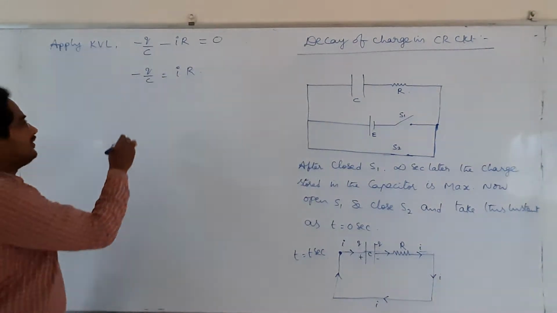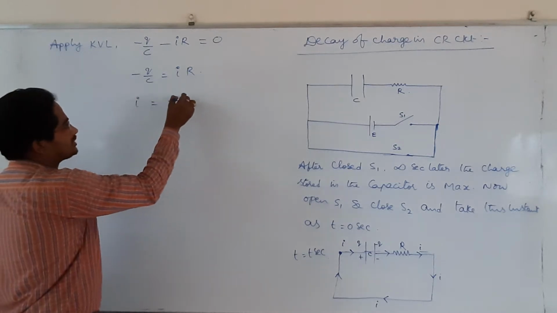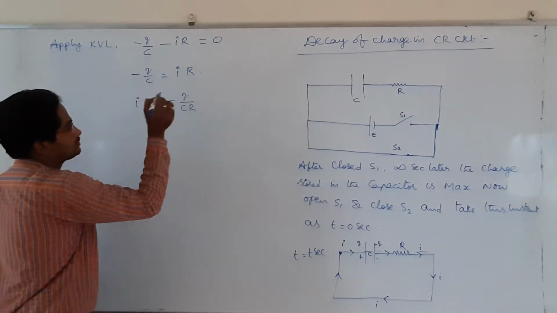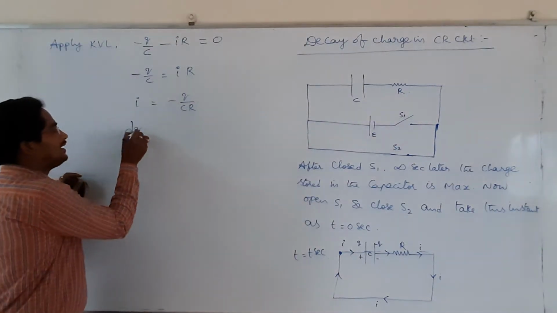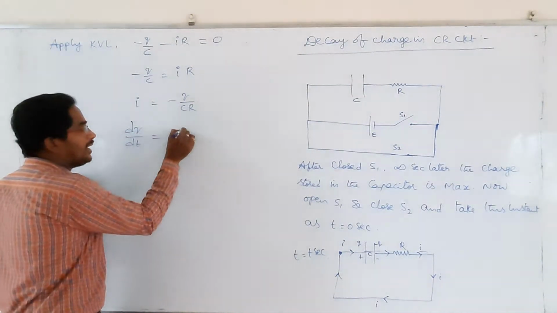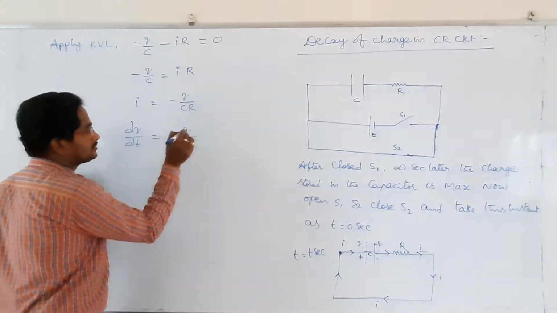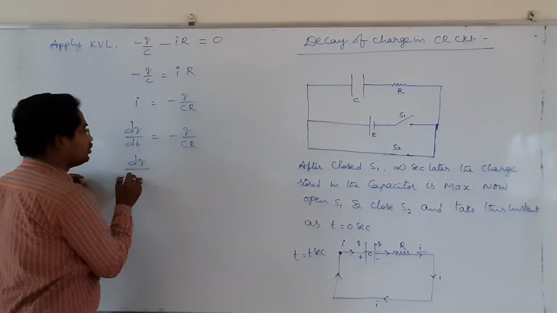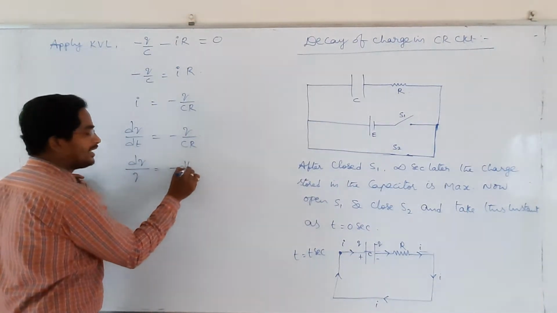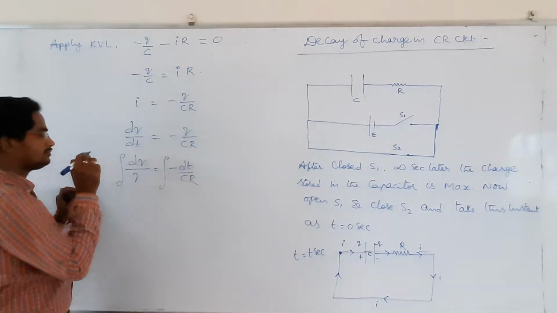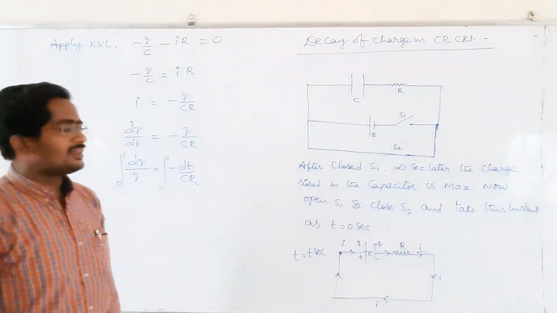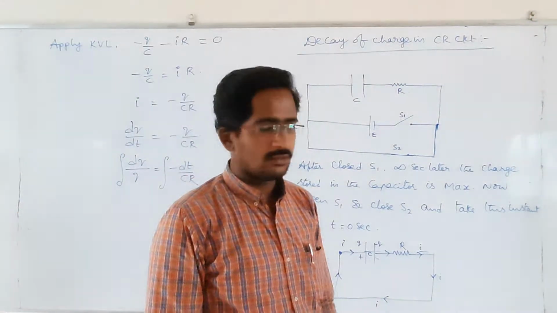What about the I value? I equal to minus Q by CR. What is the I formula? dq by dt equals minus Q by CR. Then dq by q equals minus dt by CR, and integrate. What are the limits of integration?